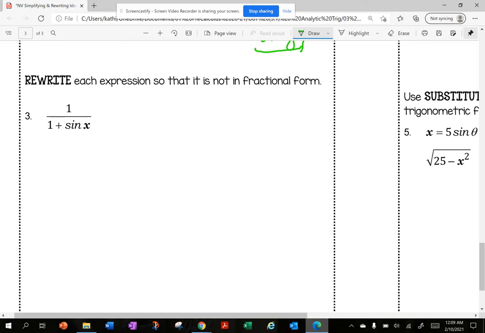Okay, rewrite each expression so that it's not in fractional form. So I want to multiply by the conjugate. We did this at the beginning of the year when we were talking about complex numbers.